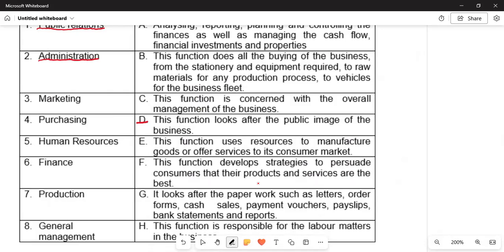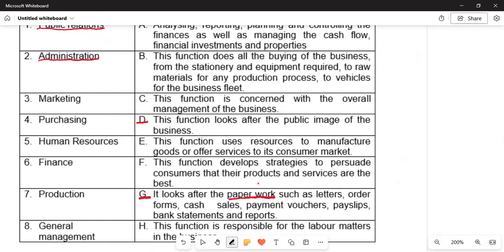You remember that when we were talking about administration, we said it is the managing of records and the database. We are talking about paperwork, such as letters, forms, cheques, sales, and stuff like that. So the correct answer there is what? It is G.